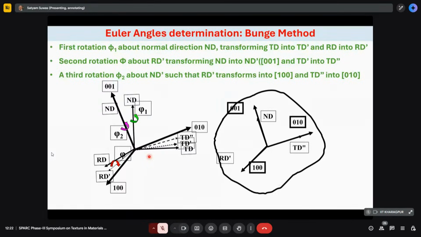Like for example, suppose there is a person located in the metallurgy department of IIT Kharagpur. What will you say his location is? That he is sitting in the office of the metallurgy department of IIT Kharagpur. So you will say that he is 50 meters away from here in this direction, and he is on the second floor, say 10 feet above this, or 3 meters above in this direction.